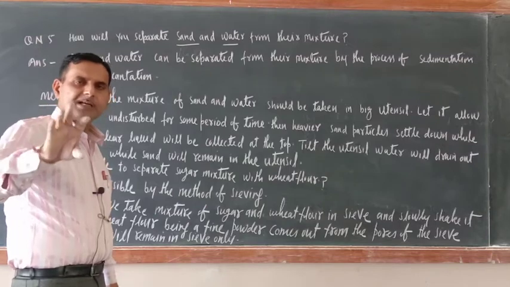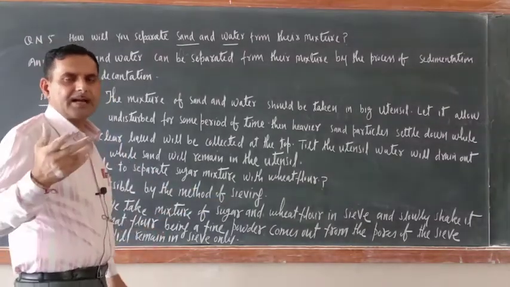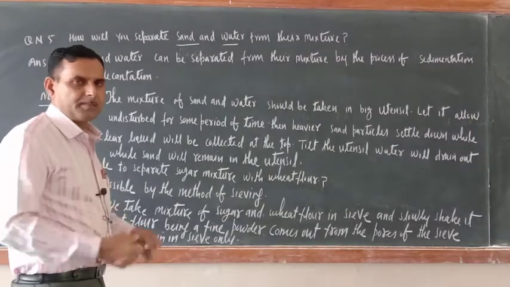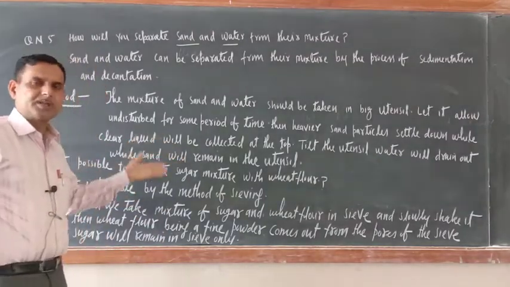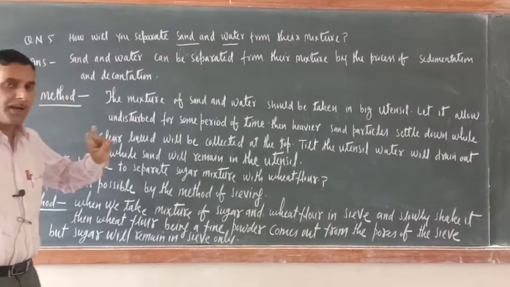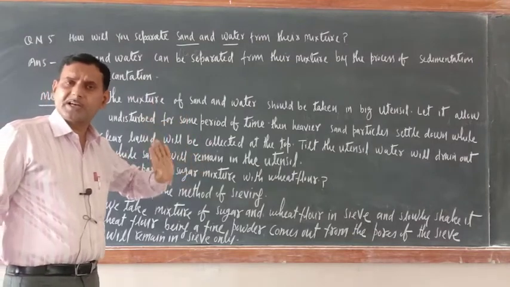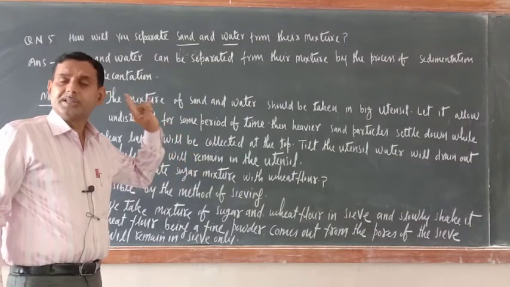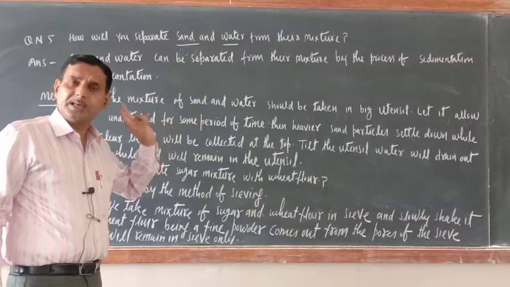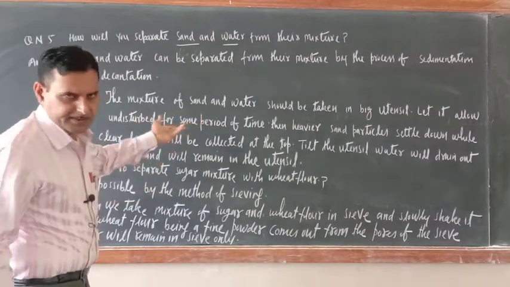Now you tilt the utensil, then water will come out while sand, being a heavier particle, will remain in the utensil only. In this way water and sand you have separated. In the question it hasn't been asked whether the water is fit for drinking or not. They are asking whether you are able to separate them or not. That is the question. So we have separated.